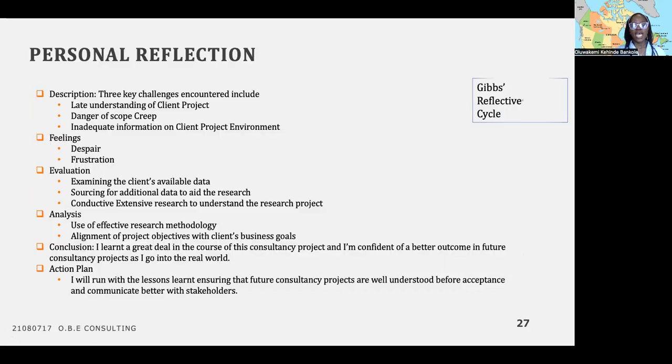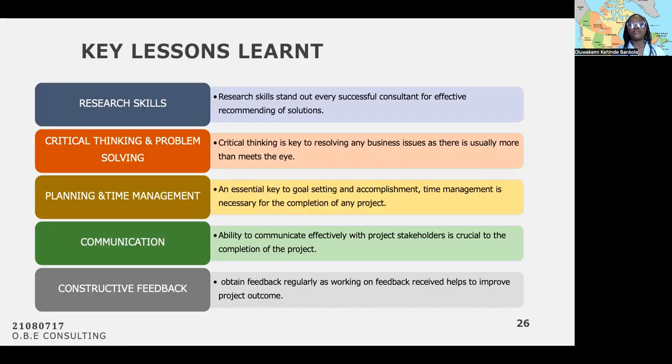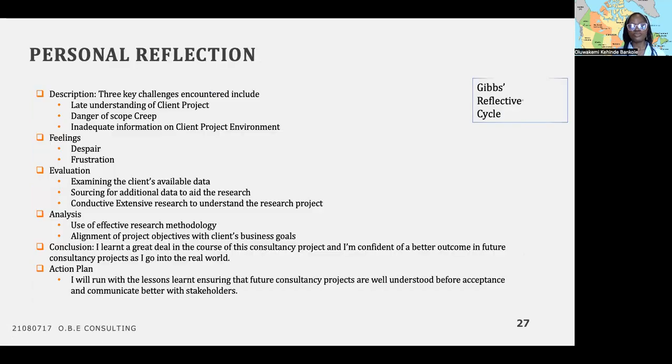The constructive feedback that I got from my supervisor also helped improve my project outcome. This made me realize that in future, even when I get to the work environment, I should request constructive feedback, as it will help me to improve on my work performance. I also learned how to manage my time so that I can meet the project outcomes as scheduled.